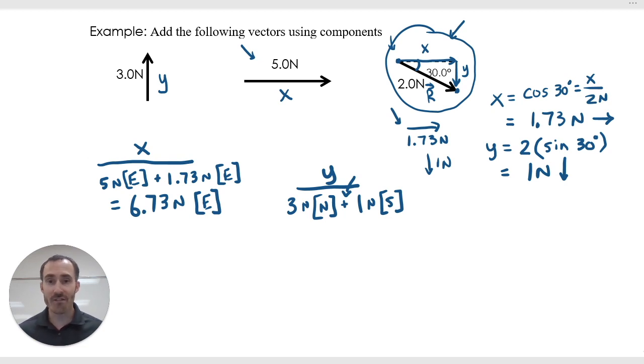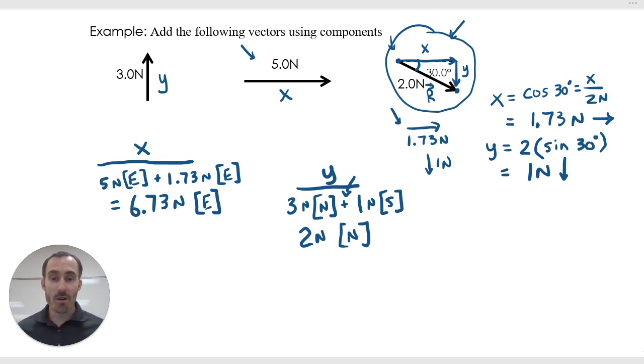You can also think of that as subtracting 3 north and 1 north. Okay, but either way, you're going to end up with 2. You probably knew that just intuitively, but that's what you're doing. So 3 north plus 1 south gives you 2 north. So we end up with 2 newtons to the north as our total y component.